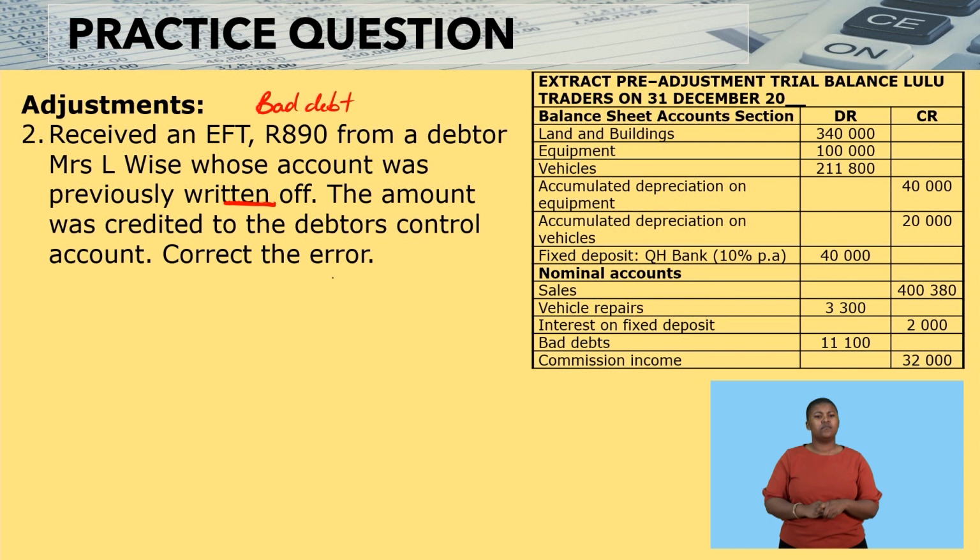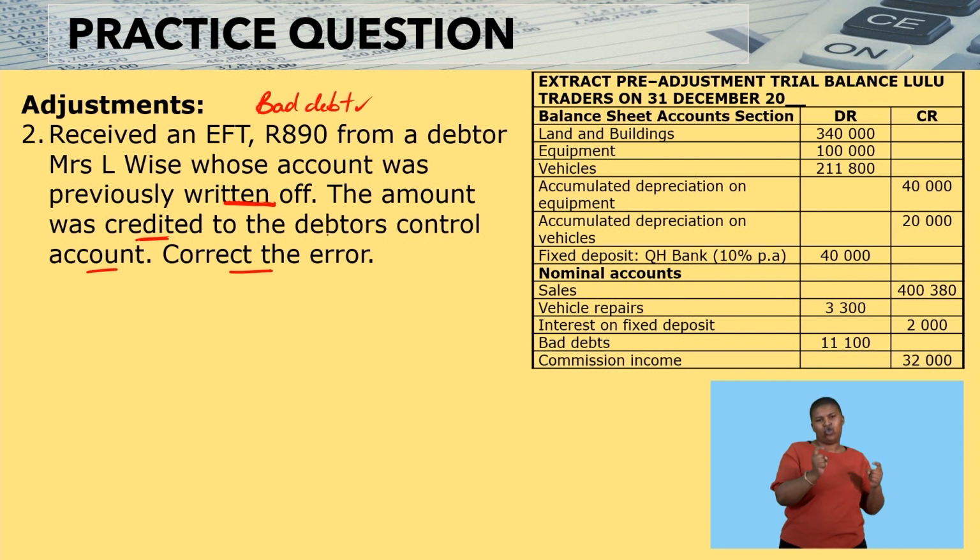The moment an account is written off as a bad debt, we remove it from our debtors' accounts. In other words, it is no longer a part of our debtors' control.